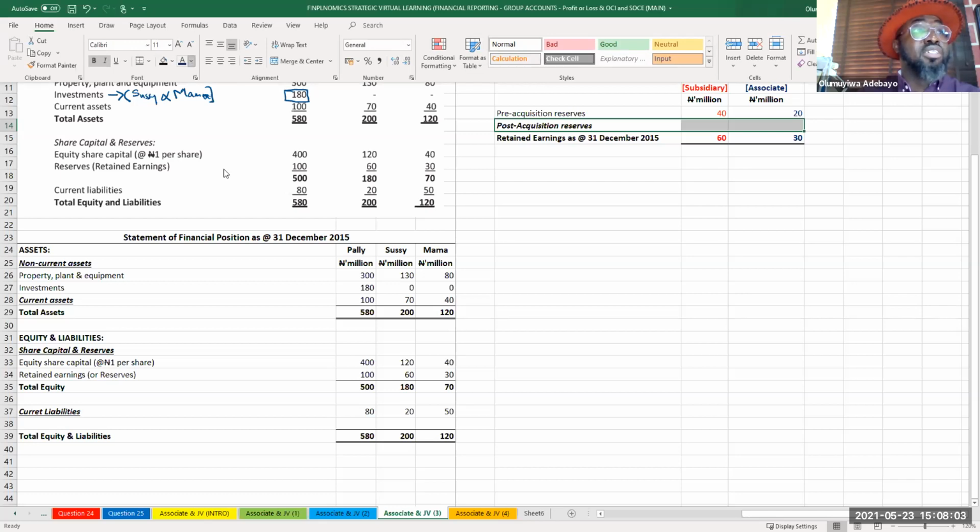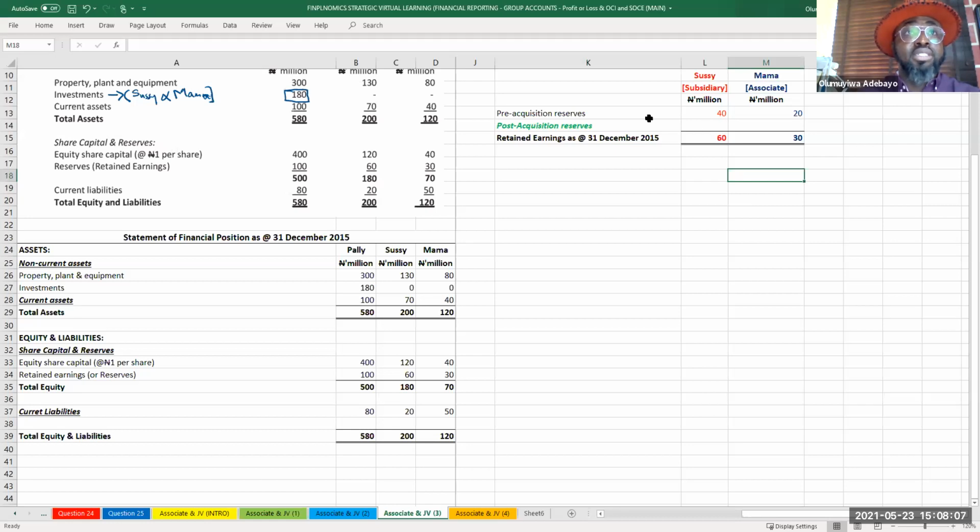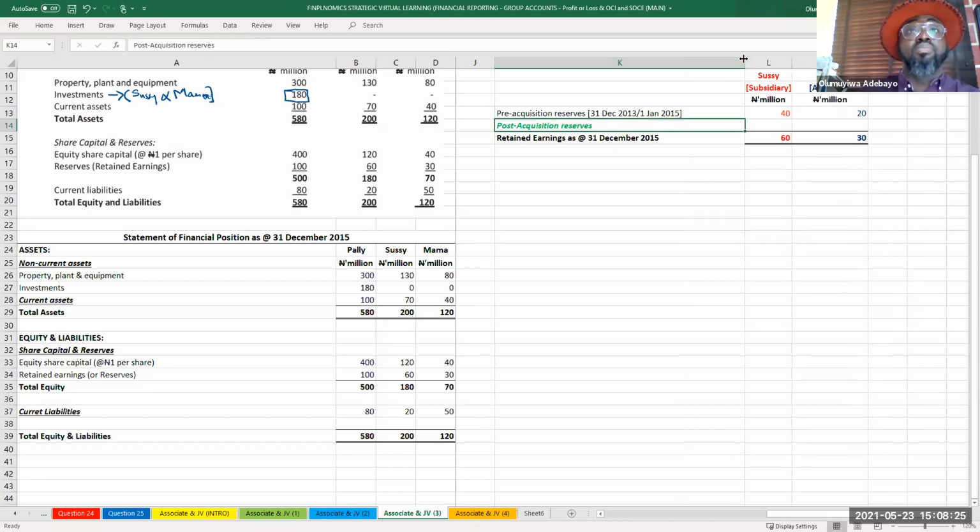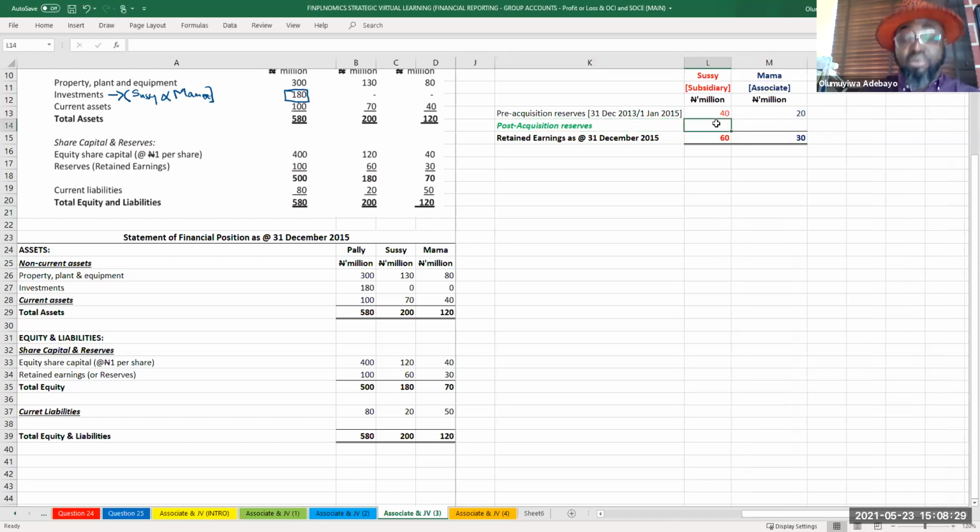It's for us to look for the movement in that profit between the dates of acquisition. One was 31st of December 2013, the other was 1st January 2015, respectively. And therefore, what is the movement?